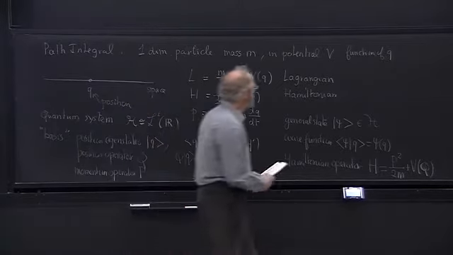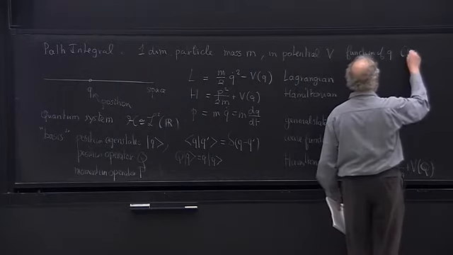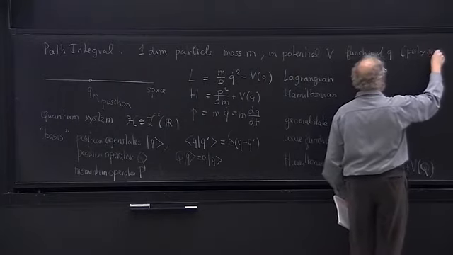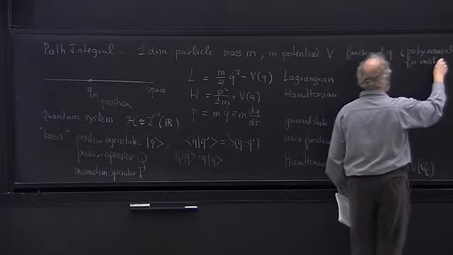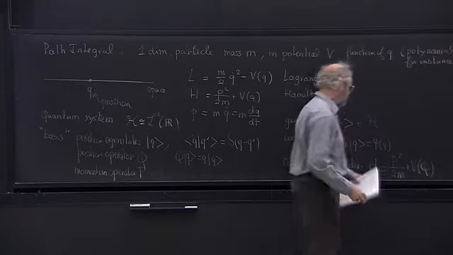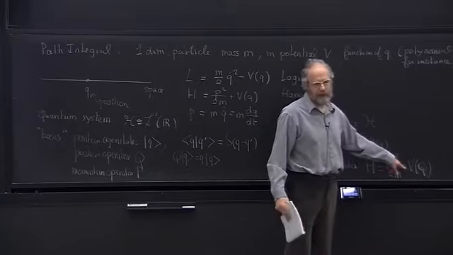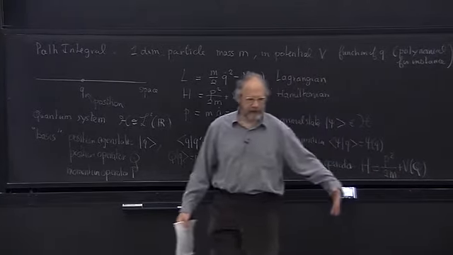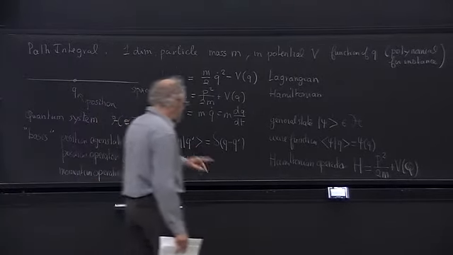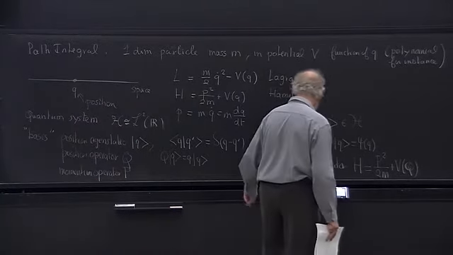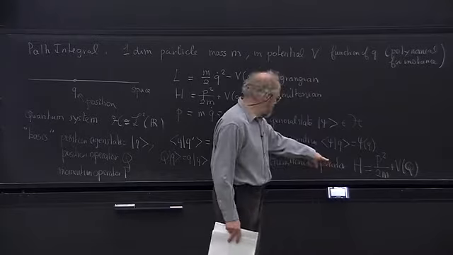Or if you prefer, think of V as a polynomial, for instance. This is just a corresponding polynomial of operators, which has a well-defined algebraic definition. Okay? So the Hamiltonian operator that describes the evolution of the system is given by this formula.